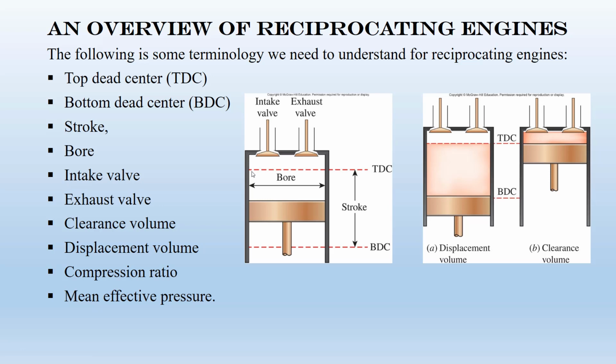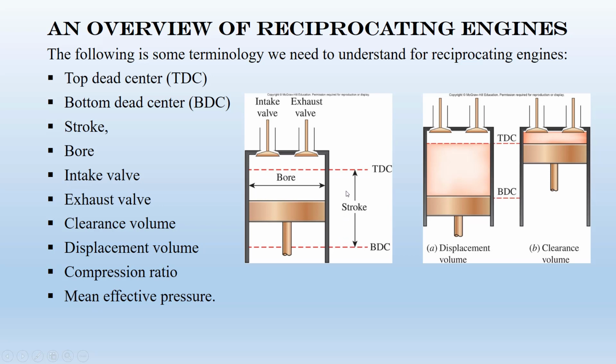So to analyze this gas power cycle, we need to just go over some definitions. We have two definitions, for the TDC, top dead center, and bottom dead center. The TDC is the point where the piston is at its minimum position. The BDC is the place where this piston is in its maximum position.